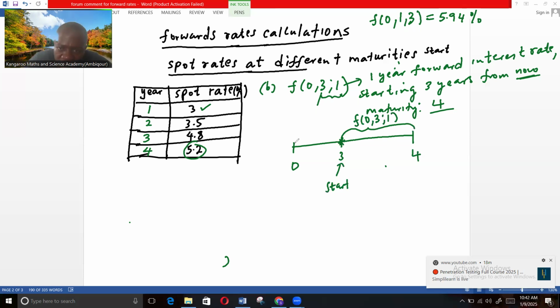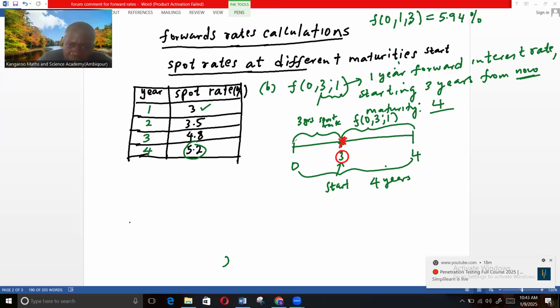From 0 up until 3, this is a 3-year spot rate. But from 0 up until 4, this is a 4-year spot rate. So to determine the forward interest rate, which started in 3 years and has a duration of 1 year with the maturity of 4, we're going to do this. Remember, we start here.